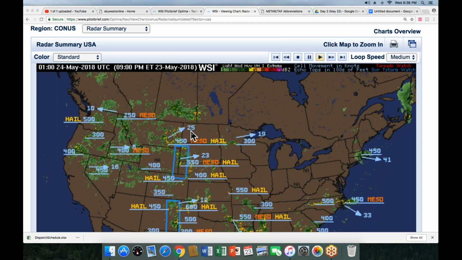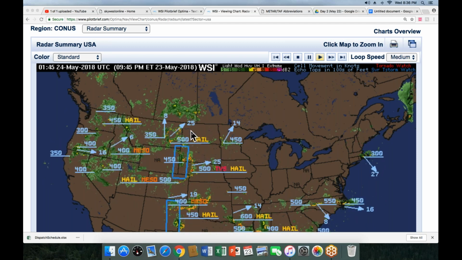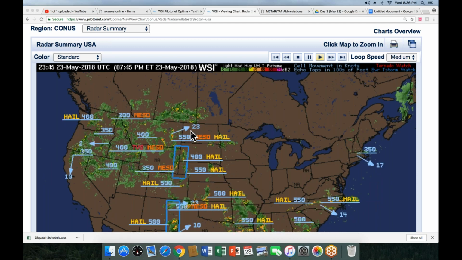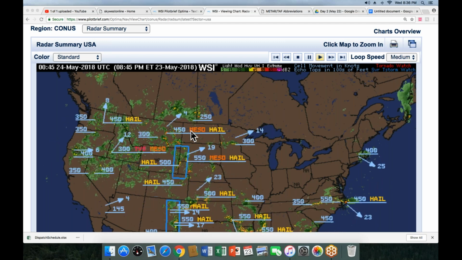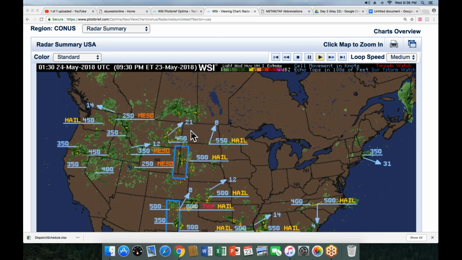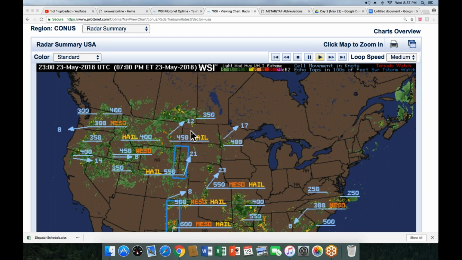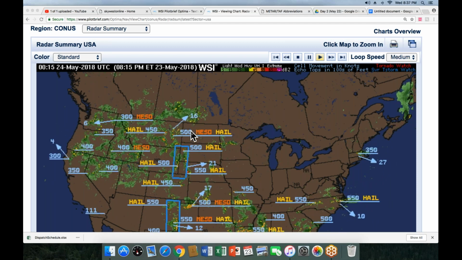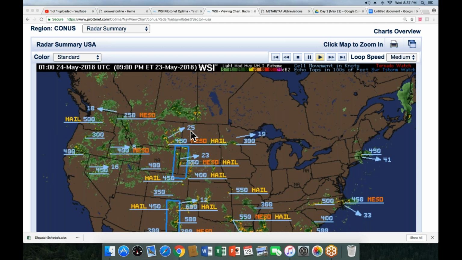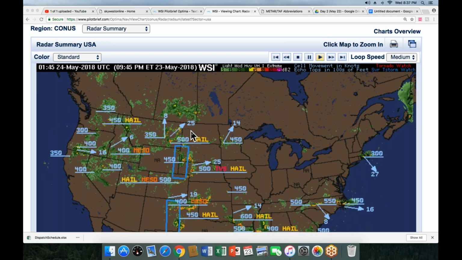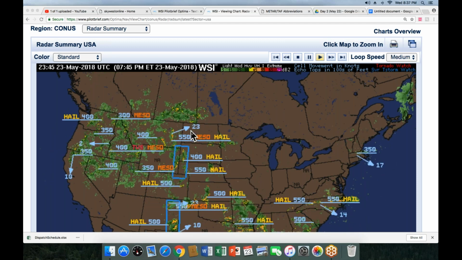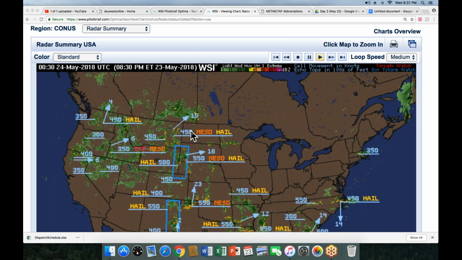Like today in Salt Lake, we had some really nasty cumulonimbus, towering cumulonimbus. We even had a supercell move over the top of us, where it was just a huge, widespread, towering cumulonimbus cloud that just dissipated, but it was just massive.